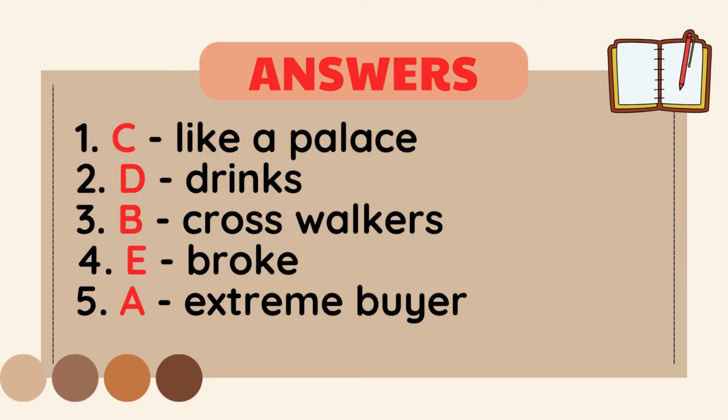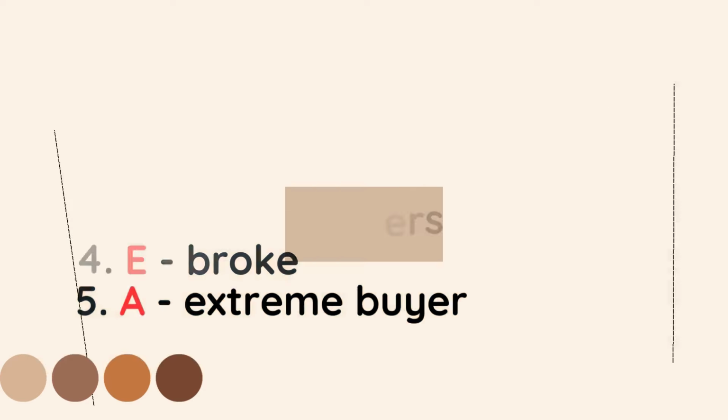So number 1, palatial means like a palace. Number 2, beverages means drinks. Number 3, pedestrians are crosswalkers. Fracture means broke or broken. And number 5, extravagant, extreme buyer.